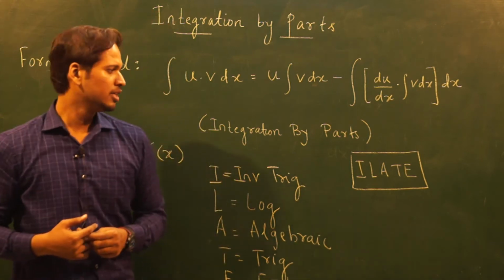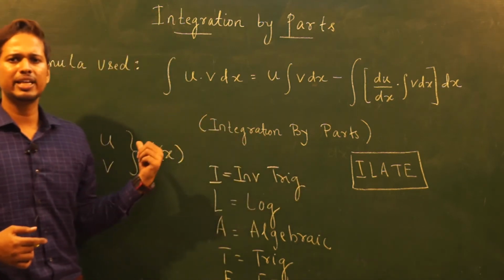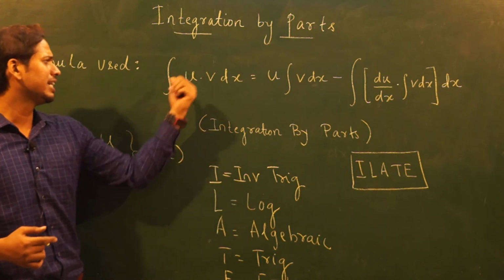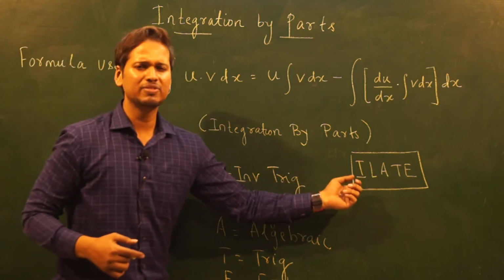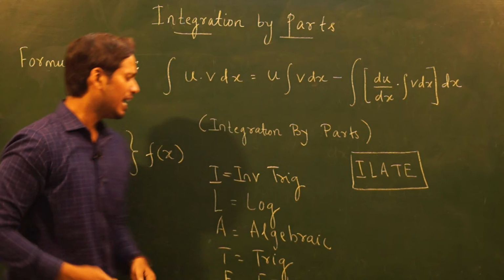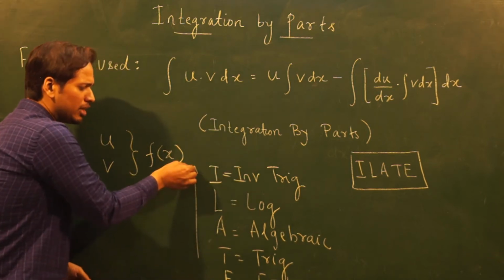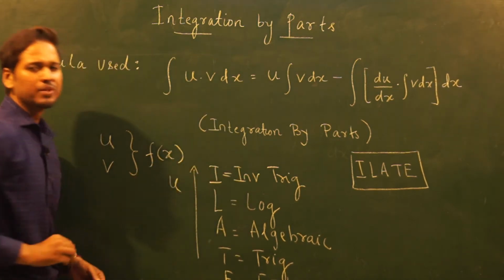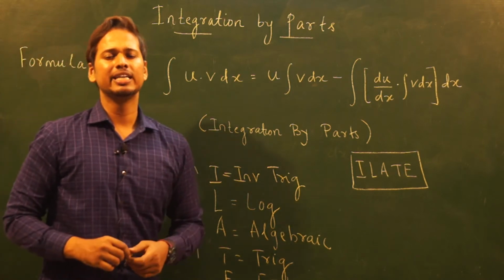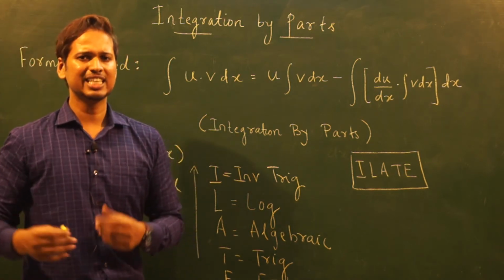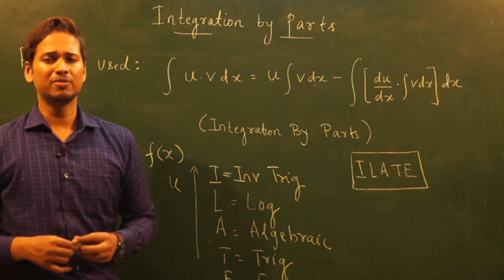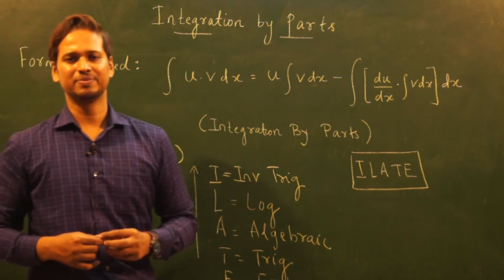So the higher the function in this order, the more we take it as u, and the lower the function, the more it is taken as v. In the next section I will tell you how to solve the integral of (ln x) whole square.